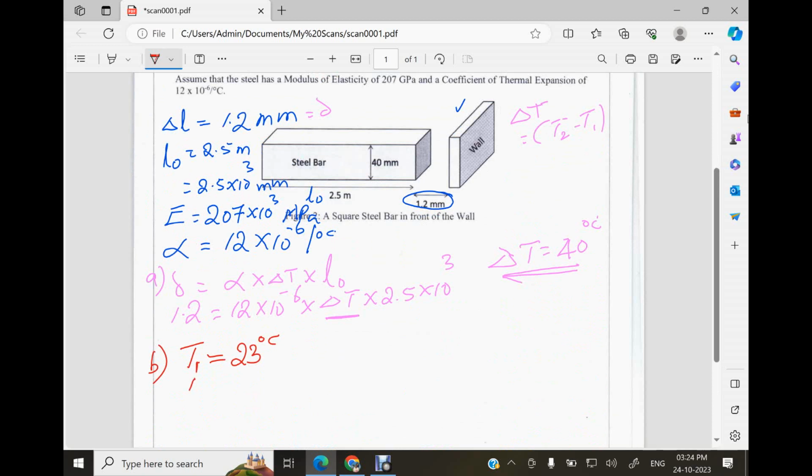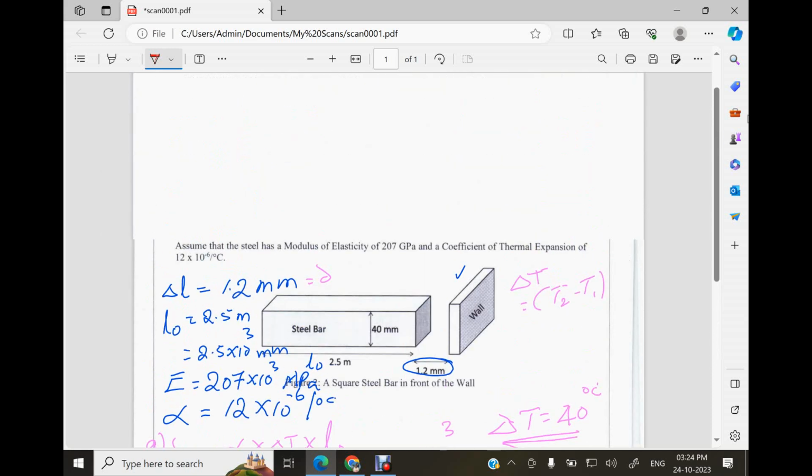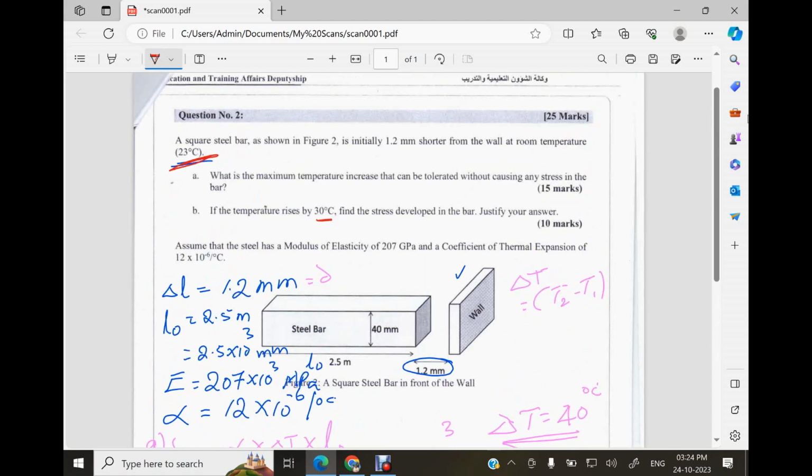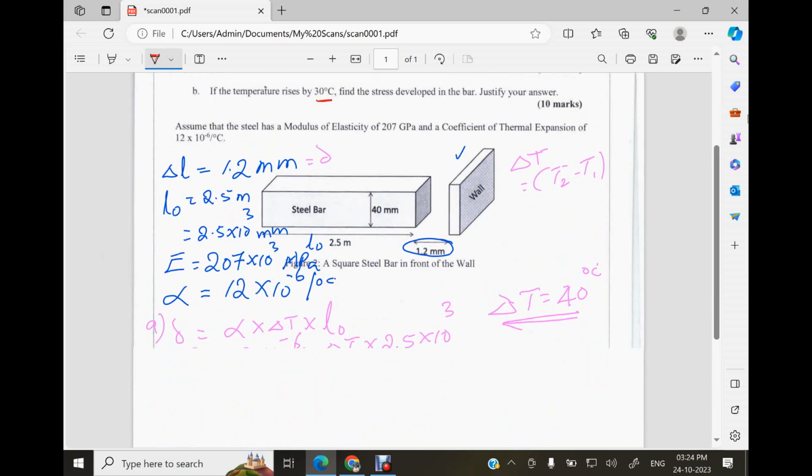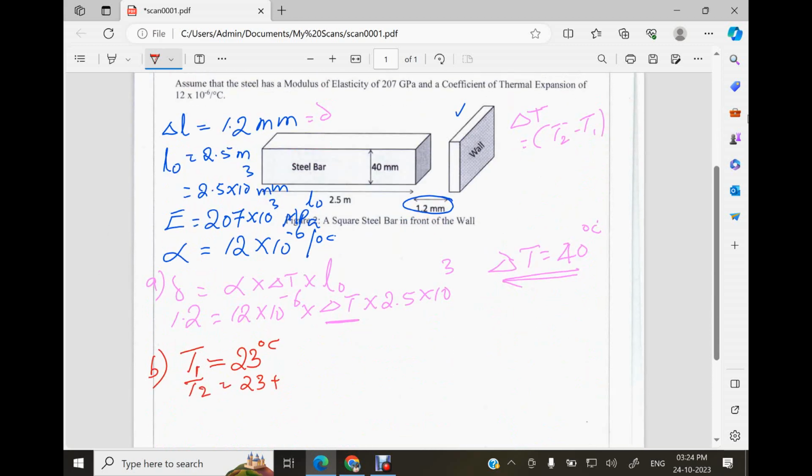T2 is equal to 23 plus how much is increasing? I just forgot. 30, okay. In case the temperature rises by 30, if you raise it by 30, that becomes 53 degrees Celsius.